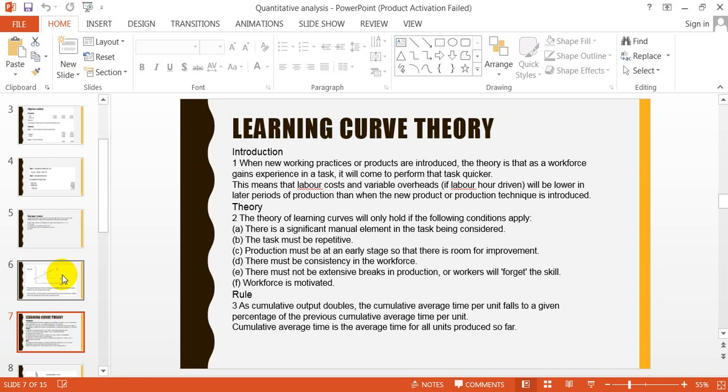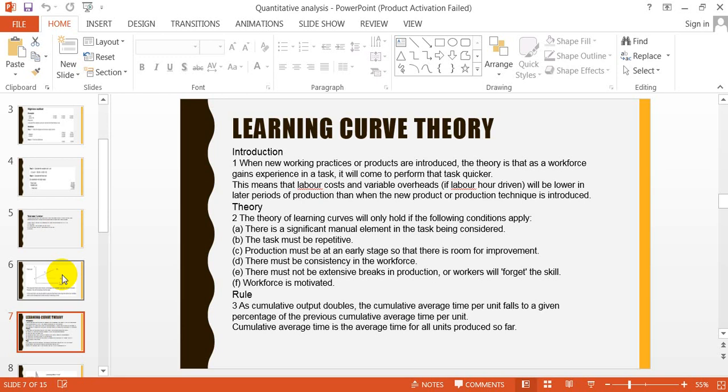Most of the procedures are manual. The tasks are also repetitive. Since they are repetitive, they'll be doing the same things over and over. The workforce will become much more conversant with the task.